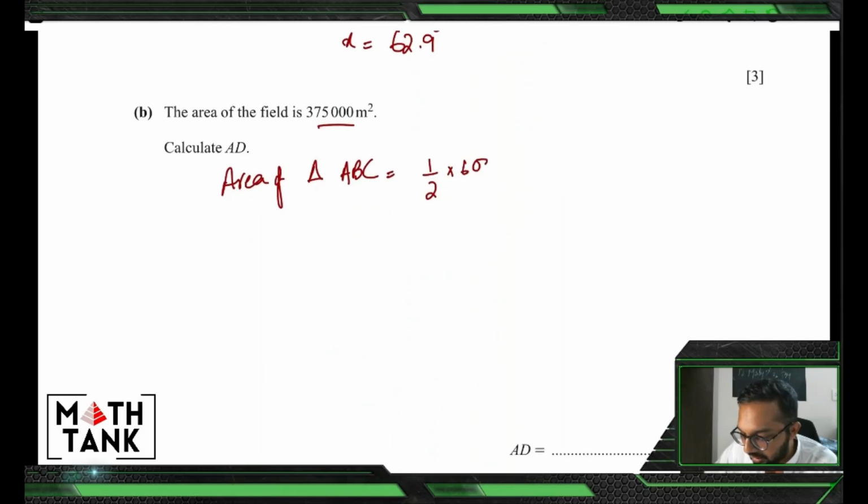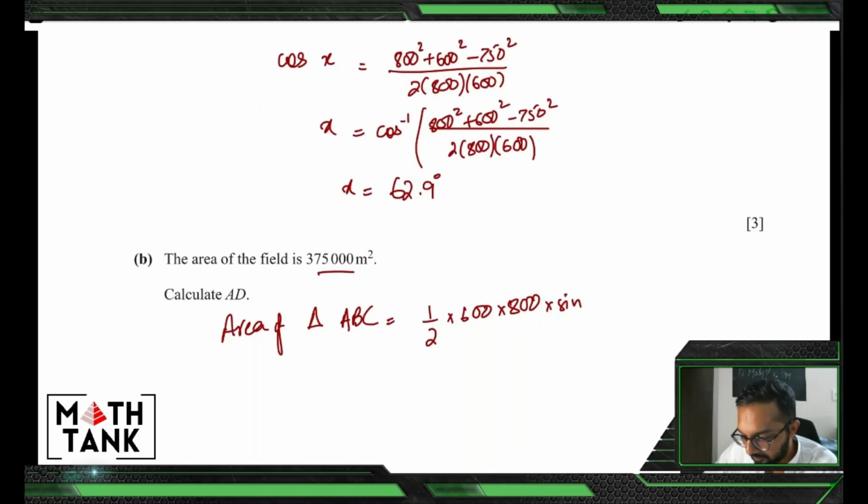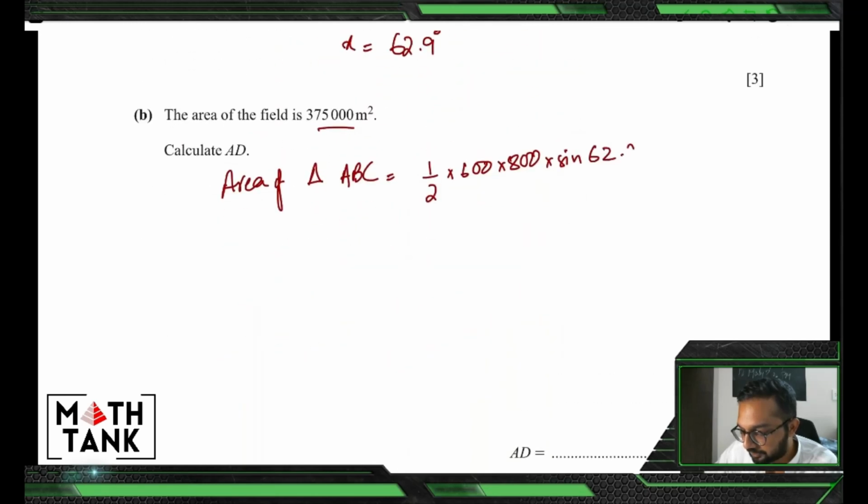So 600 into 800 into sine of 62.9. So area is coming out to be 213,651.07.